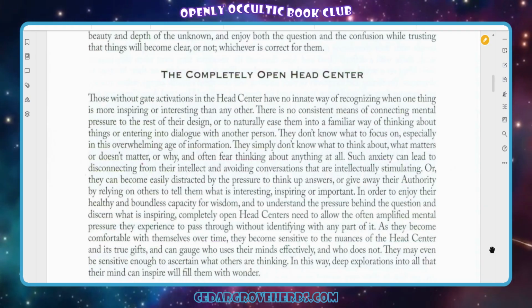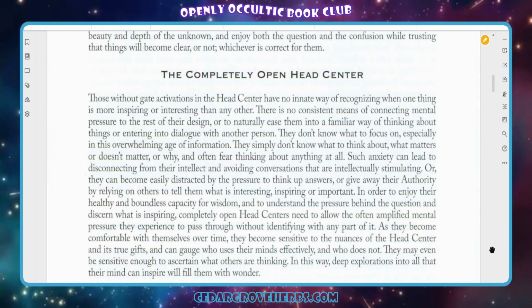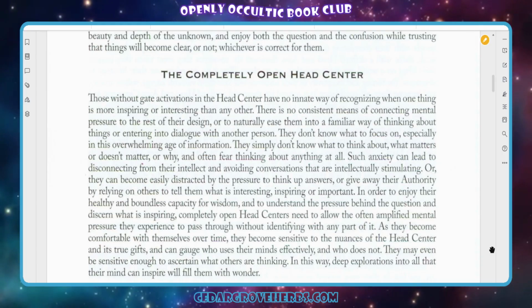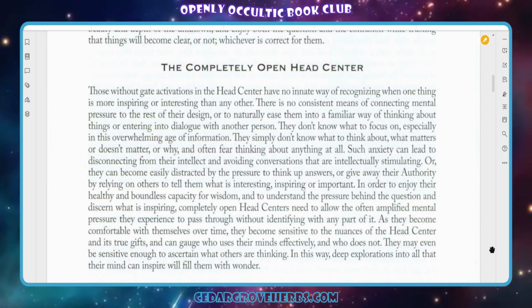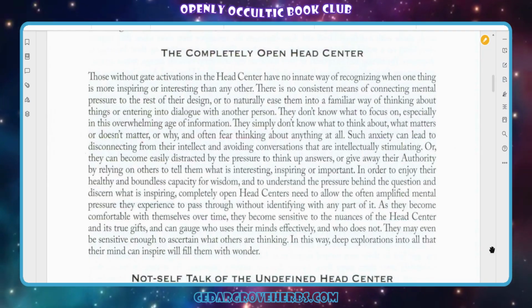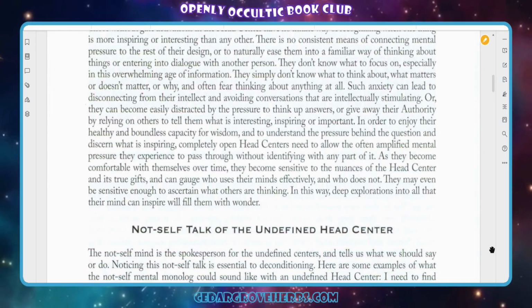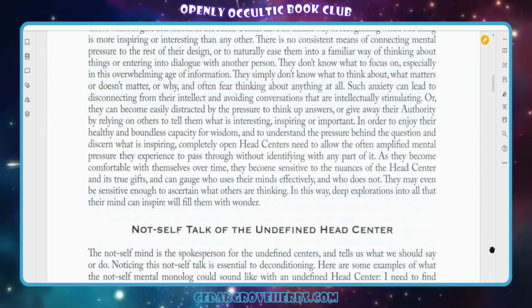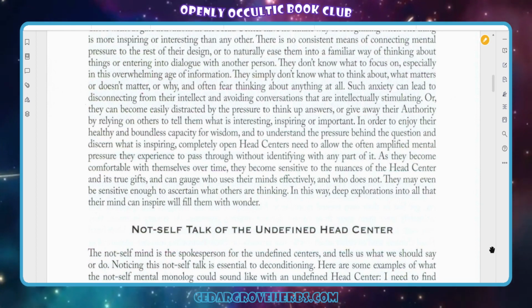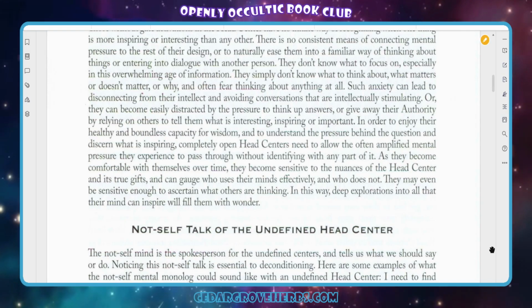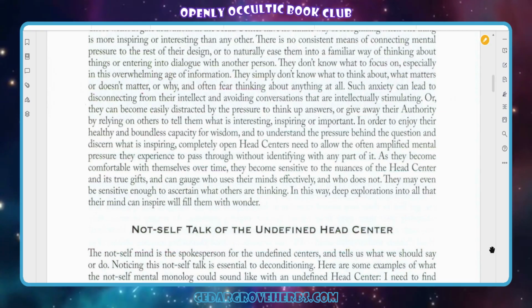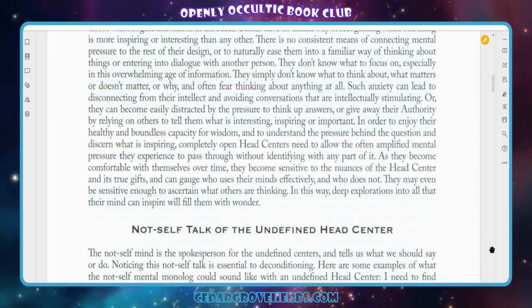They simply don't know what to think about, what matters or doesn't matter, or why, and often fear thinking about anything at all. Such anxiety can lead to disconnecting from their intellect and avoiding conversations that are intellectually stimulating. Or they can become easily distracted by the pressure to think up answers or give away their authority by relying on others to tell them what is interesting, inspiring, or important.